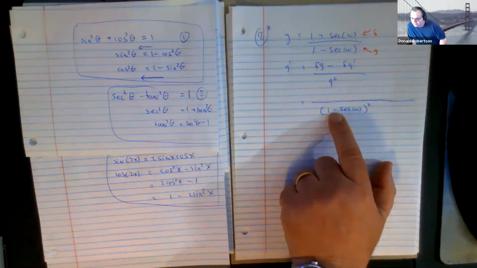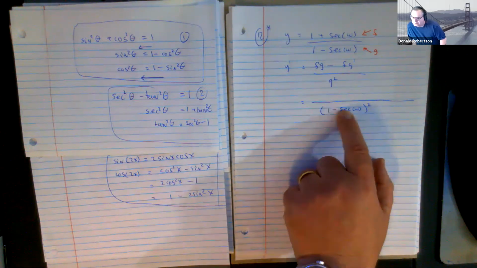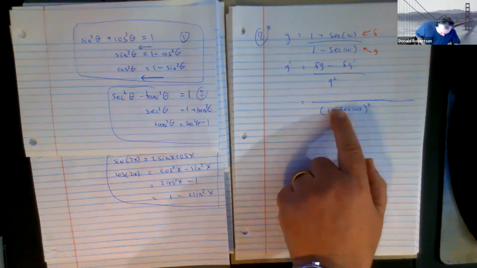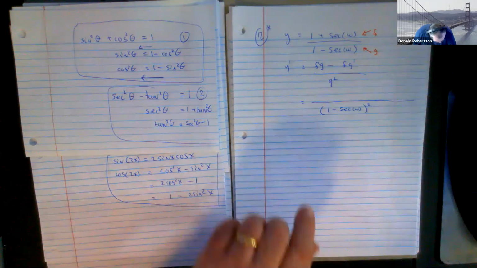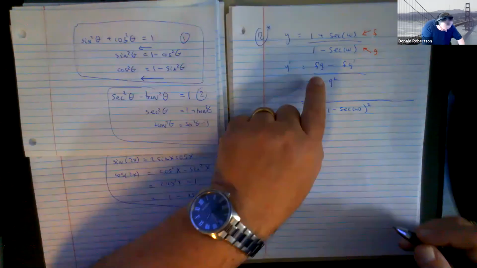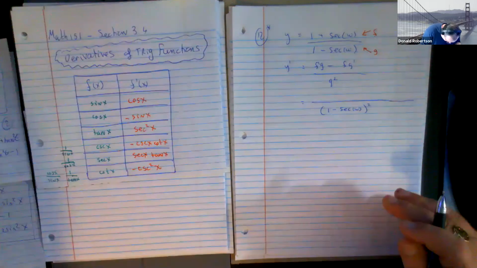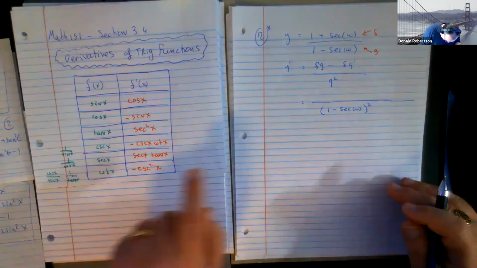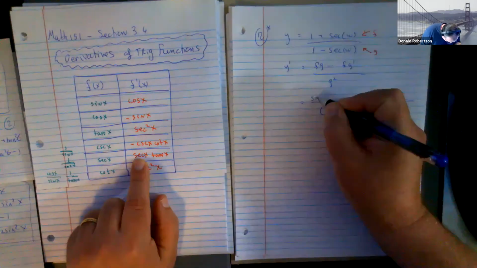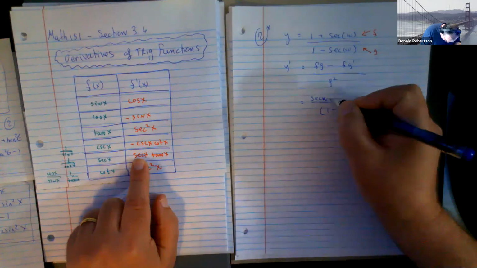Typically, the bottom just stays like that. There's no good reason to do anything to it. Now if you differentiate 1 plus a secant, you get 0, and the secant gives me a secant tan.